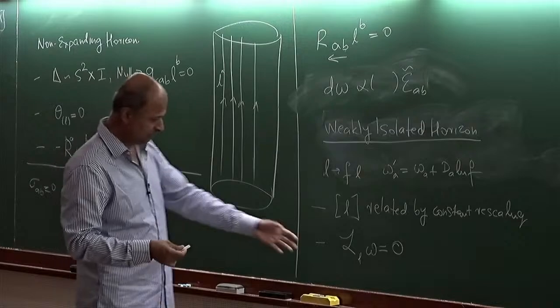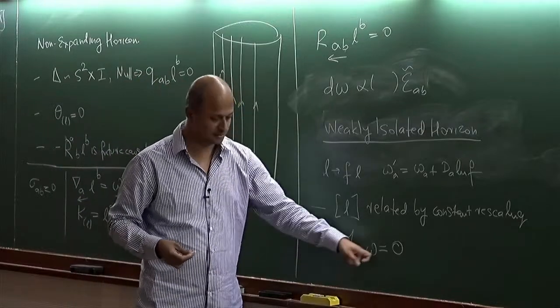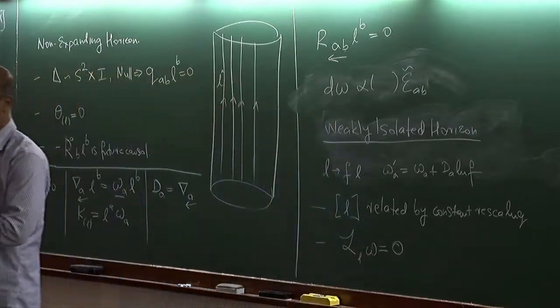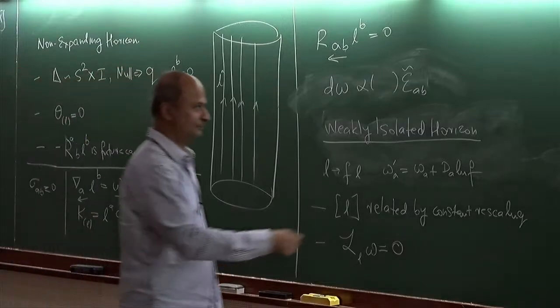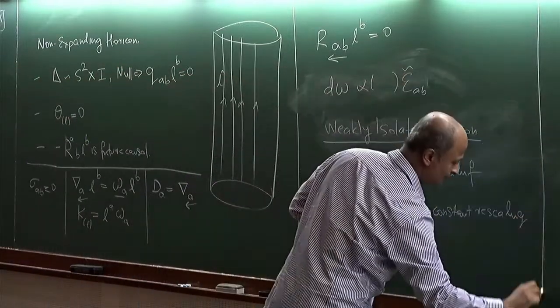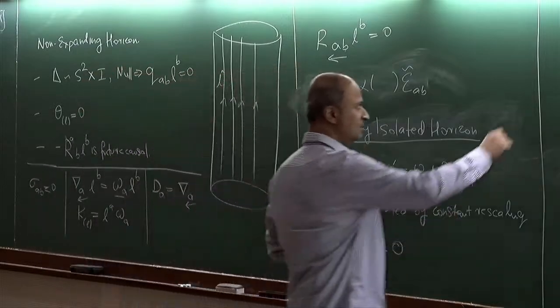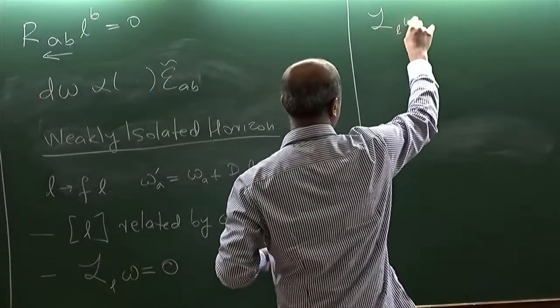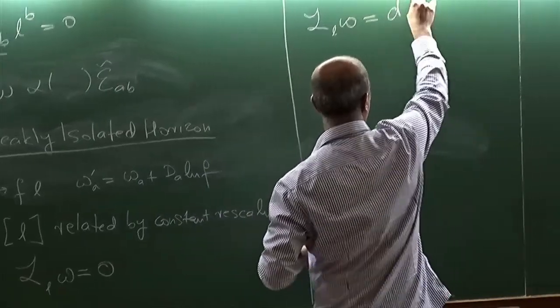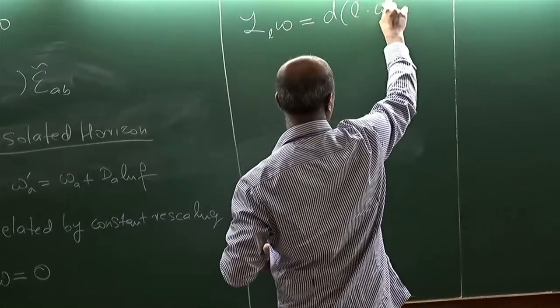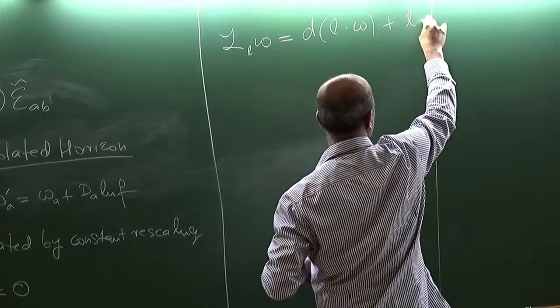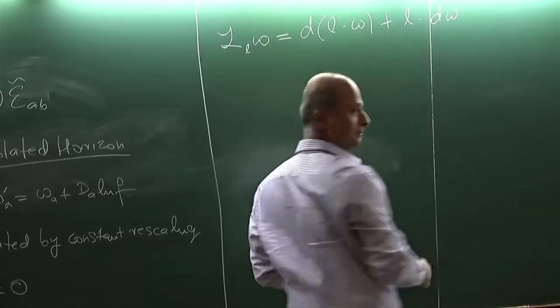Now it is trivial that from this the zeroth law follows. Why? If you remember exterior calculus, that's the easiest way to see this. The Lie derivative of omega is the differential of L contracted with omega, plus L contracted with the differential of omega.